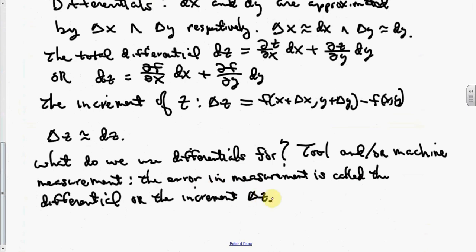We say that the exact measurement would be the so-called dz, or the total differential, and the error would be the increment.